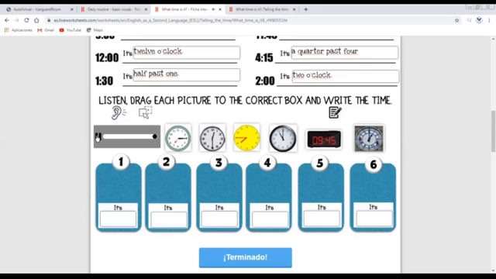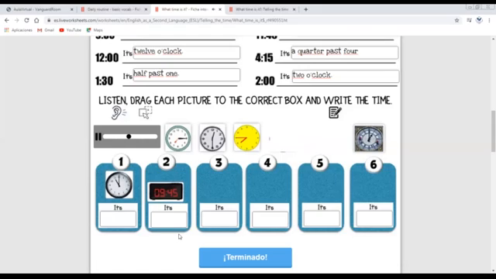Listen again. What time is it? 1. It's 11 o'clock. 2. It's a quarter to 10. 3.